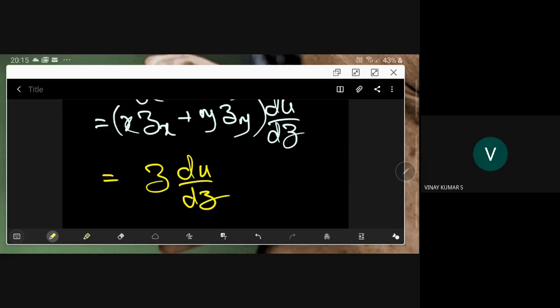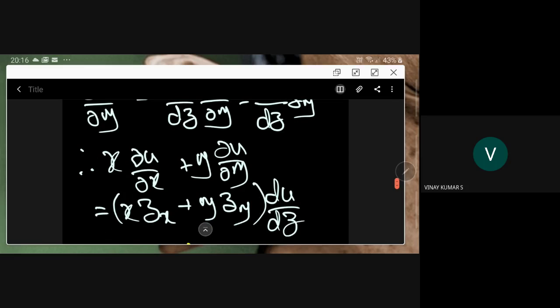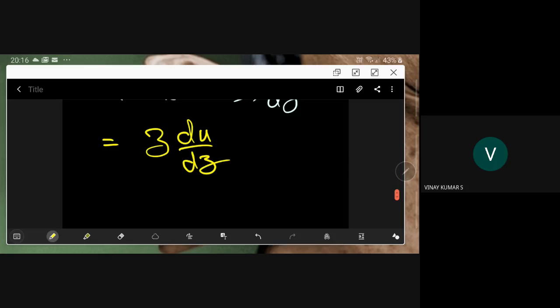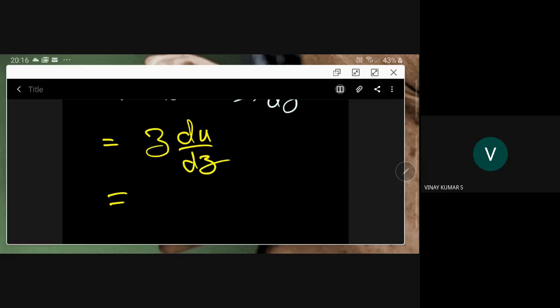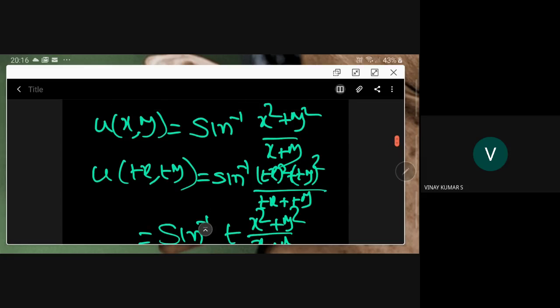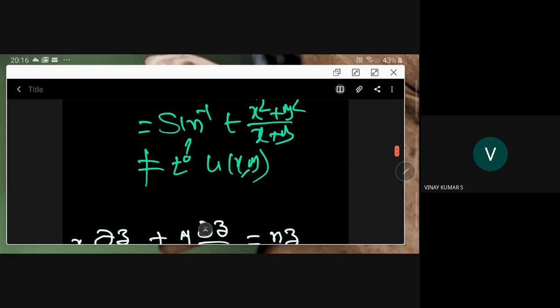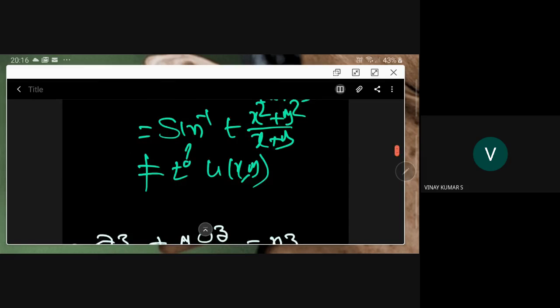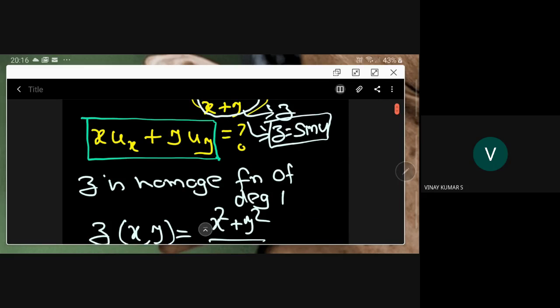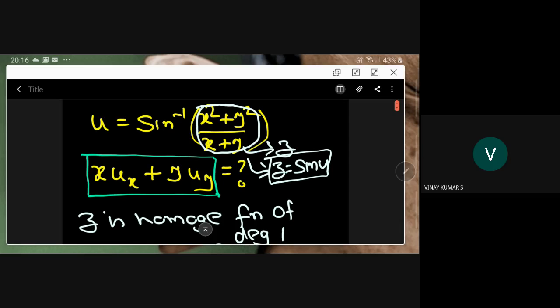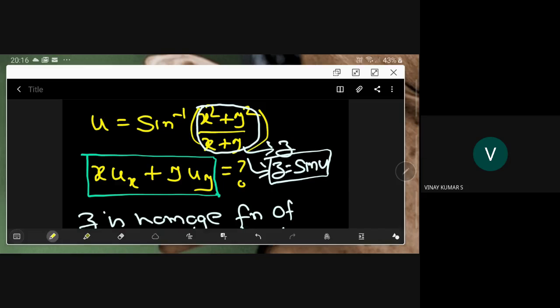What is du/dz? We started from here, right? What is du/dz? Here only, sin u equals z. If you differentiate both sides, dz is cos u du.